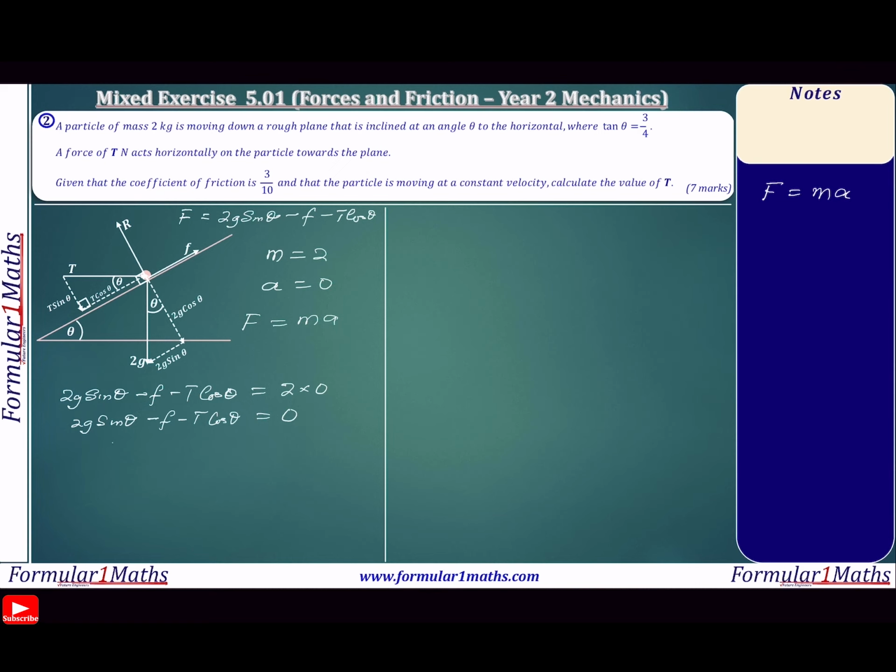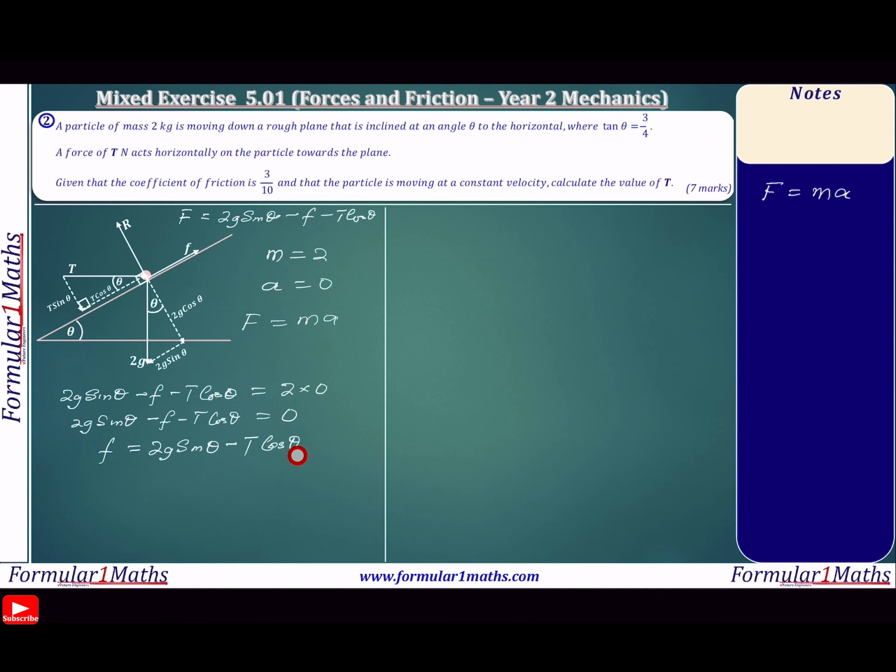I'll now make the friction the subject, and I'm going to get F is equal to 2g sine theta minus T cos theta.